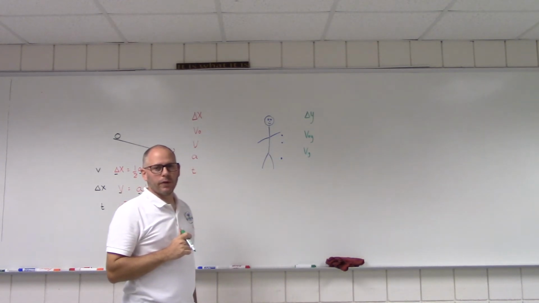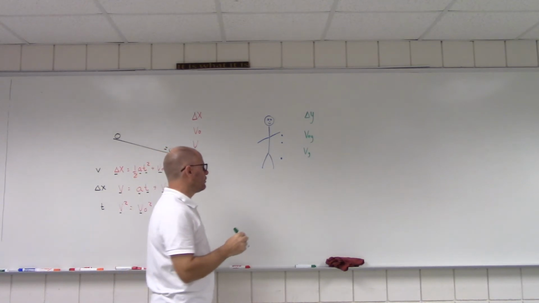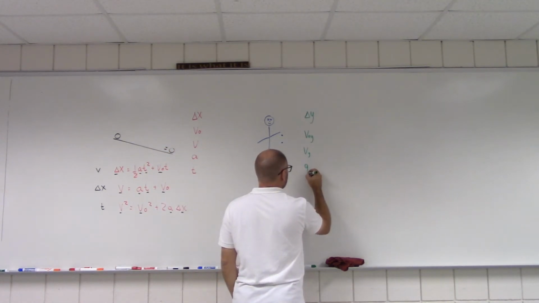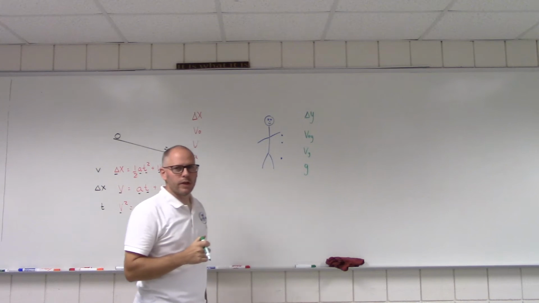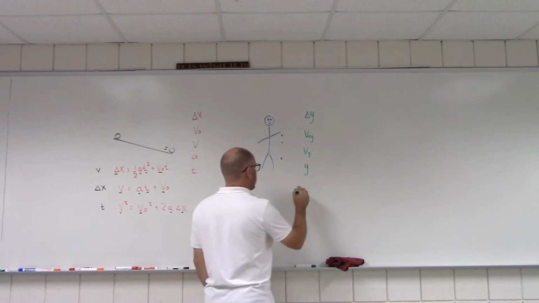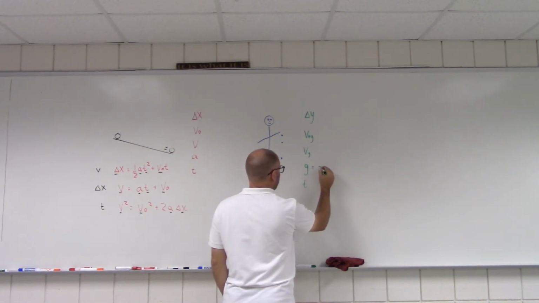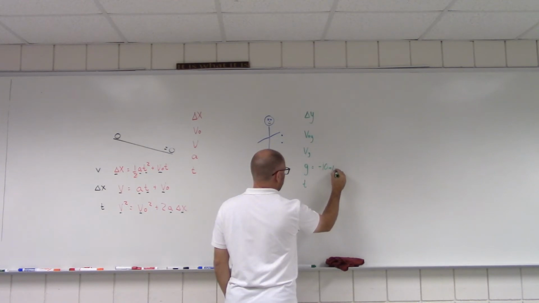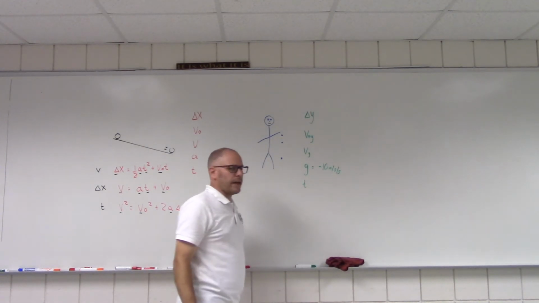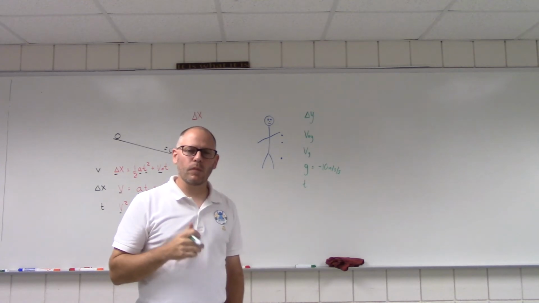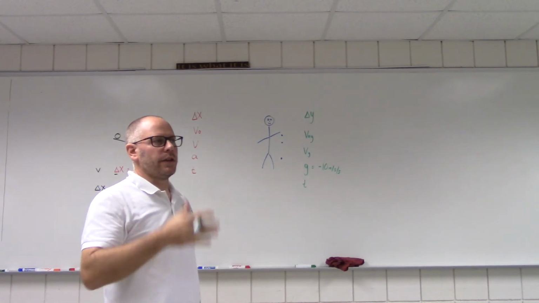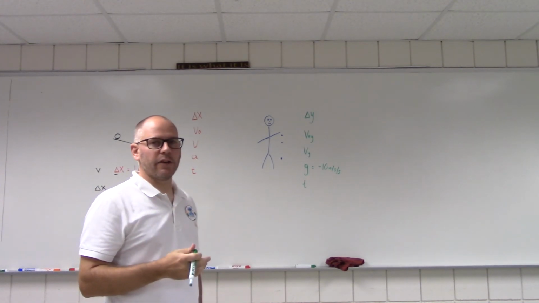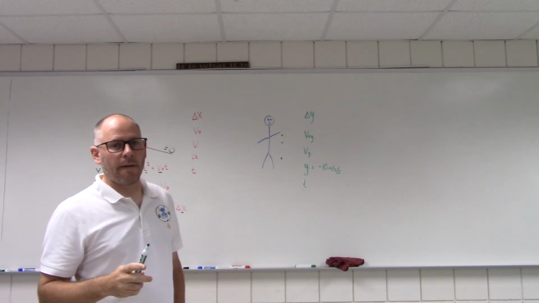The final velocity in the y direction. We know little g is the acceleration, and of course time is still time. Negative 10 meters per second squared is our free fall acceleration. The 10 is the value. The negative means it's always in the down direction.